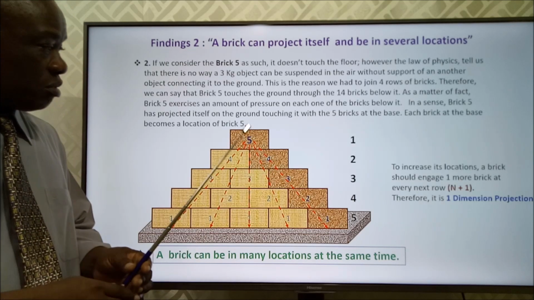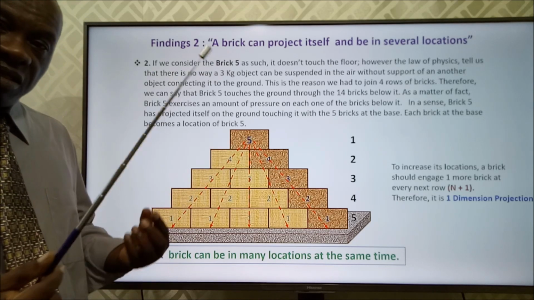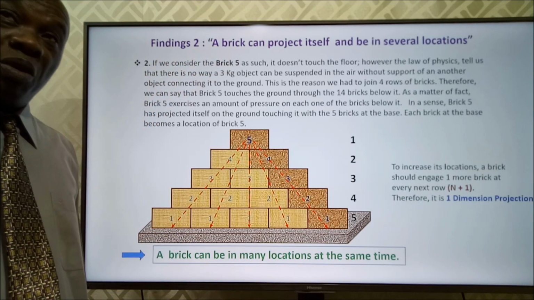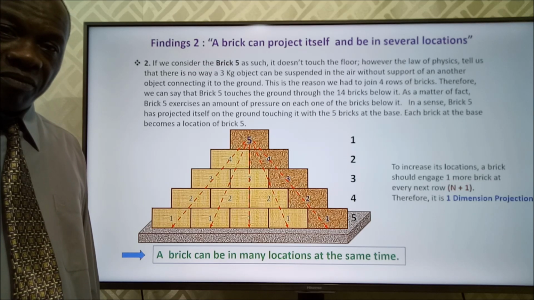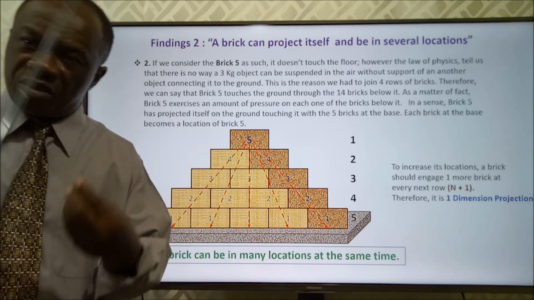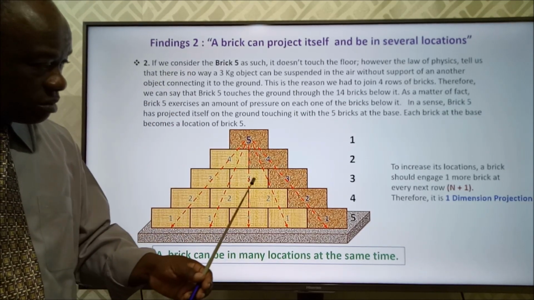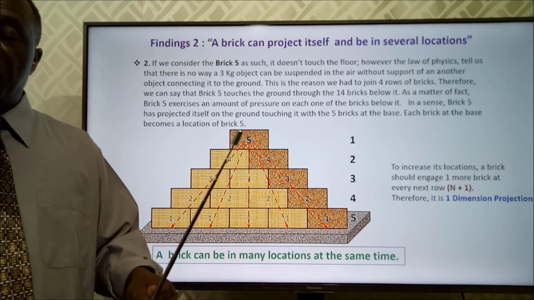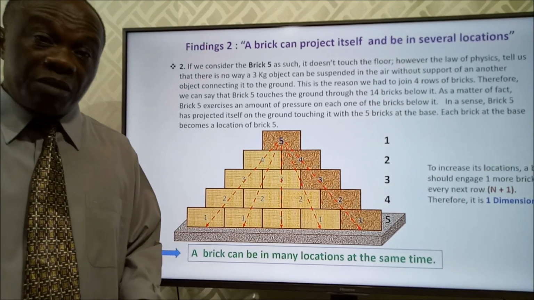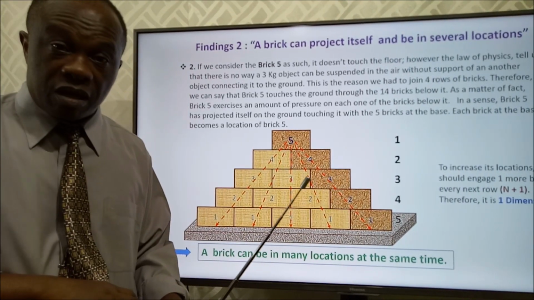So because we want to reach this level, what is important for us is the last brick. And for that brick, imagine if there was no gravity, then the brick would be floating in the air. But as soon as gravity comes in, then this brick will crash to the floor.